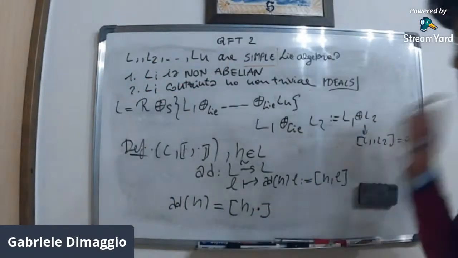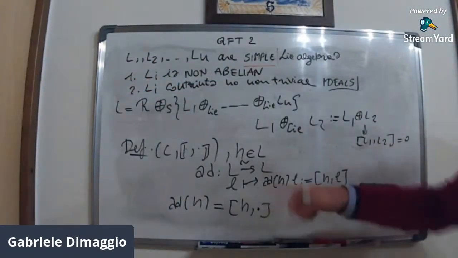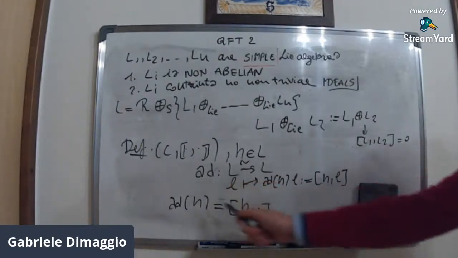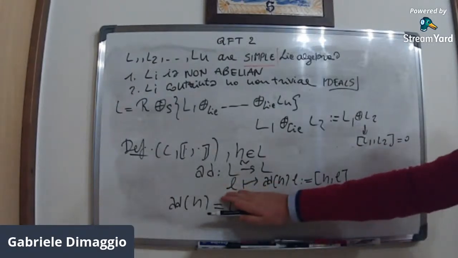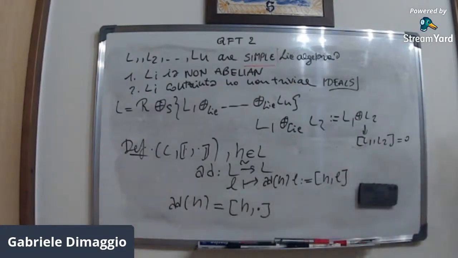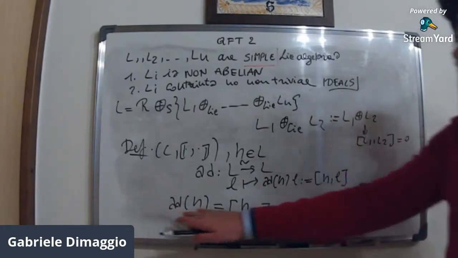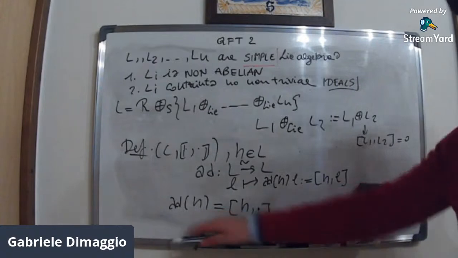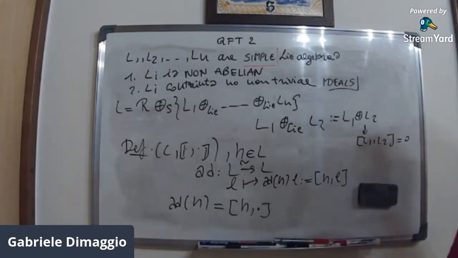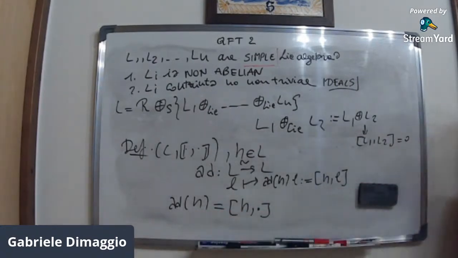In this case, I take an arbitrary vector L. So this is the adjoint map. This is a definition that we will probably use in the future.